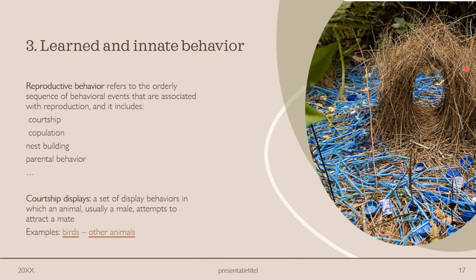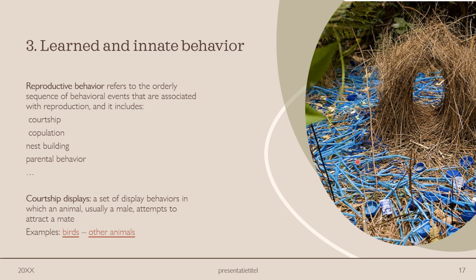So this nest is not only nest building, but is also a courtship display. I want to show you that I can make the biggest and the most bluish nest there is, so you'll be attracted to me and not to the other bird from the same species. There are many of these things.